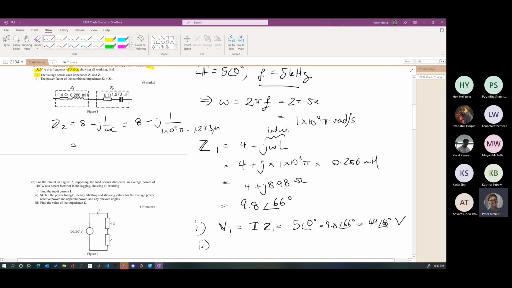If you spot any mistakes, please just yell them out to me. So this is going to be 1 on 1 by 10 to the 4 times pi times 1.273 times 10 to the minus 6.